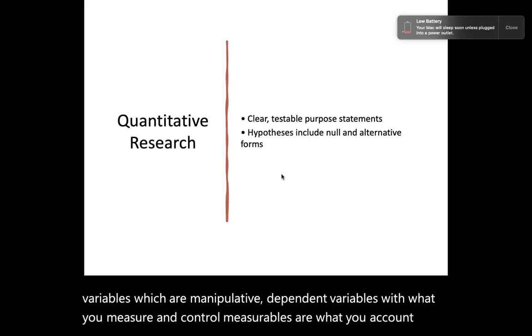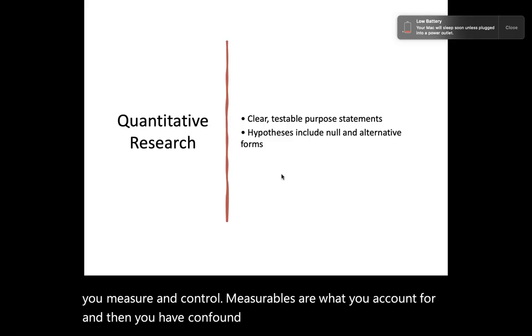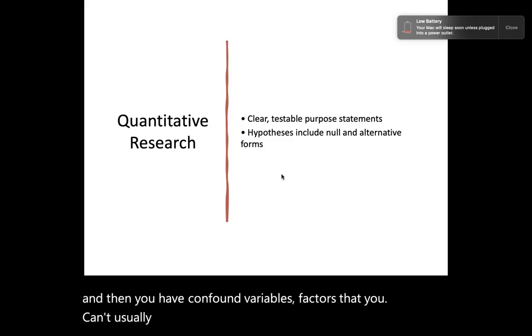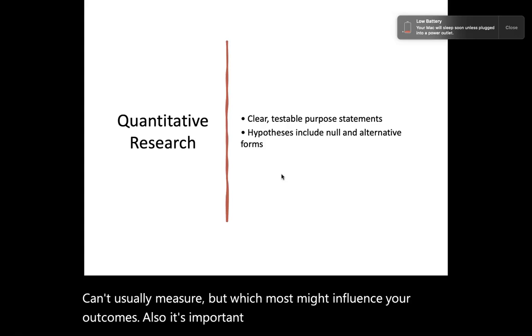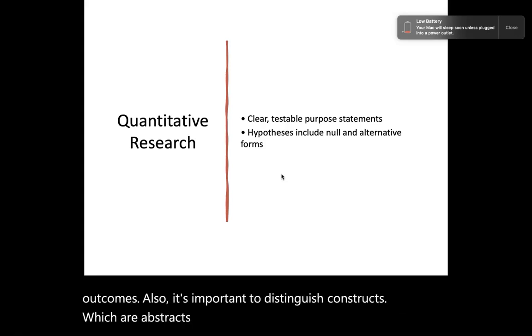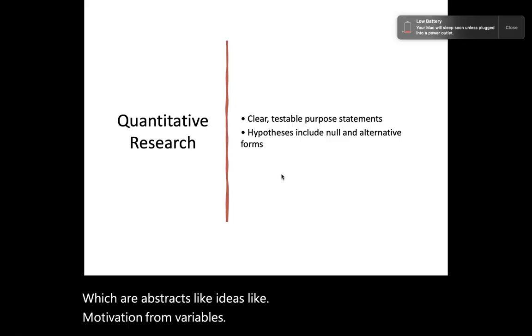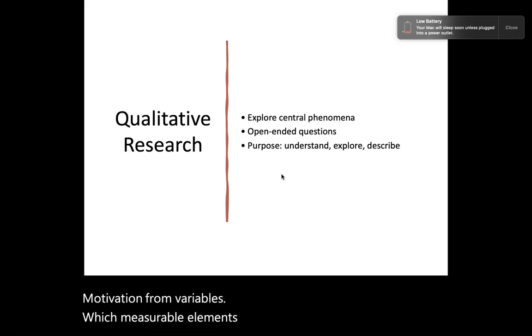And then you have confounding variables, factors that you can't usually measure, but which might influence your outcomes. Also, it's important to distinguish constructs, which are abstract ideas like motivation, from variables, which are measurable elements like GPA.